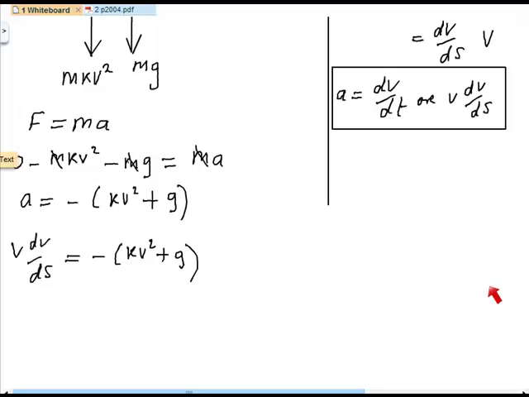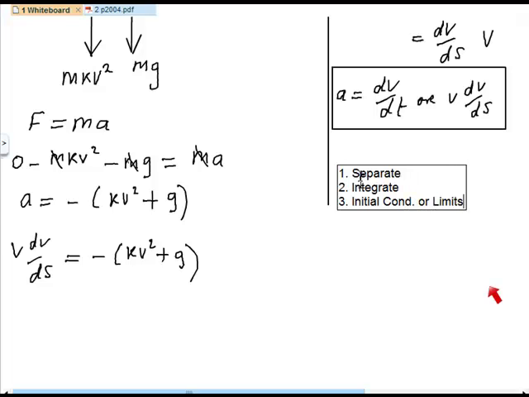Once you get to this step, you're back to the three steps that we always follow in question 10 part A. And just to remind you what those are: number 1, separate your variables; number 2, integrate; and number 3, initial conditions or limits. First step is to separate.